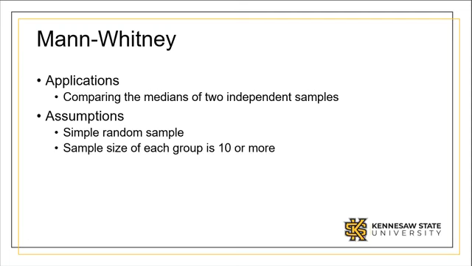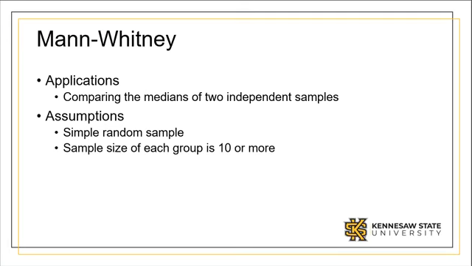The Mann-Whitney test is a nonparametric test that uses ranks of sample data from two independent populations to test the equality of medians. Its parametric equivalent is the t-test for independent treatment. The null statement is that the population medians are the same for two independent samples.